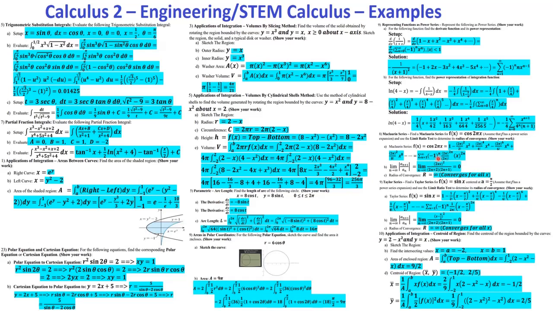It is minus 1 to the n, alternating, pi to the 2n over 2n factorial x to the 2n.